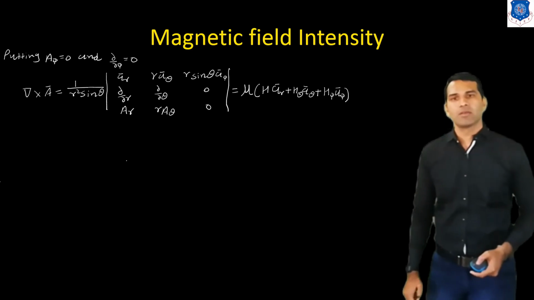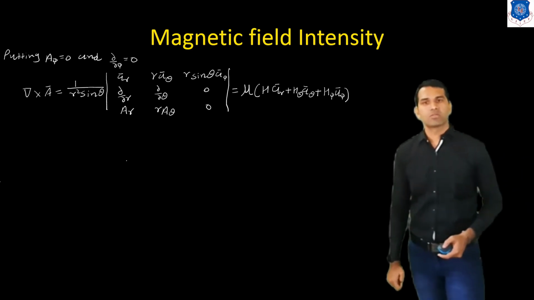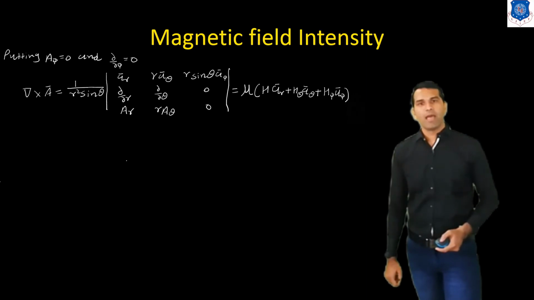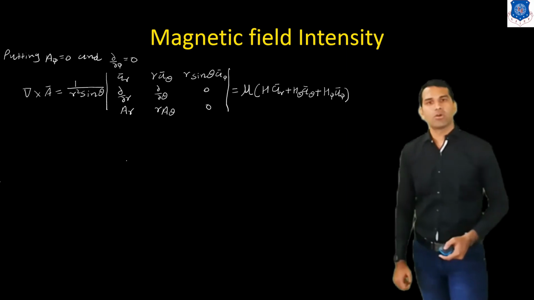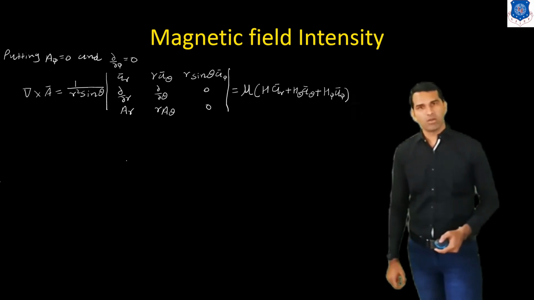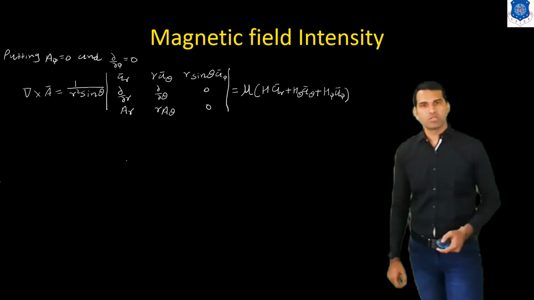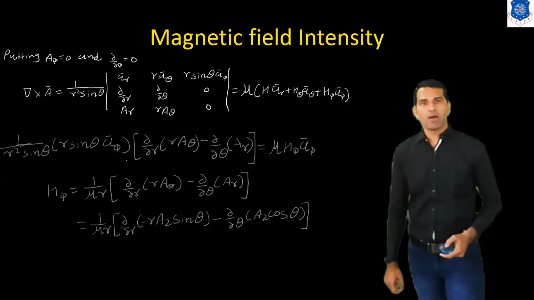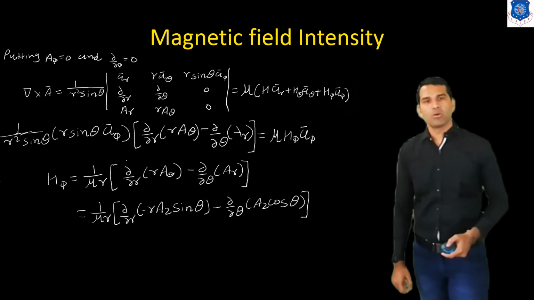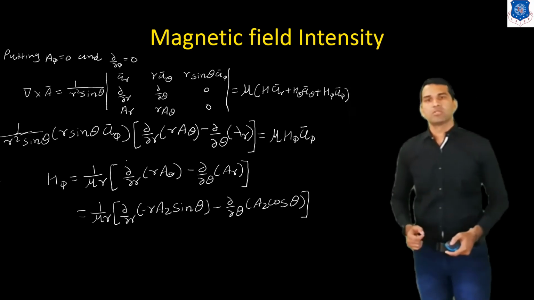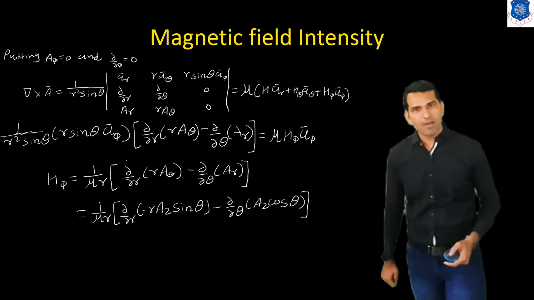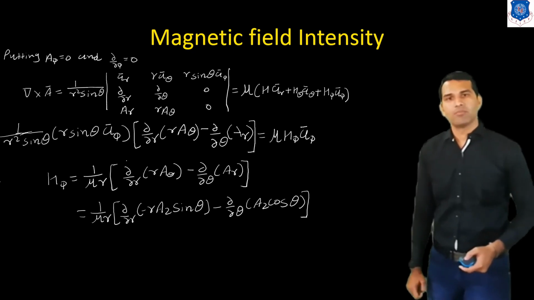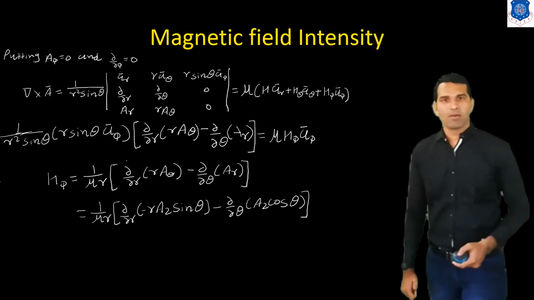So we can write del cross A equals 1 upon r square sine theta, and the A theta and A phi portion is 0. So del by del phi is 0 and the other portion is also 0. Now we solve this equation: 1 upon r square sine theta, r sine theta a phi, del by del r of r A theta minus del by del theta of A r.